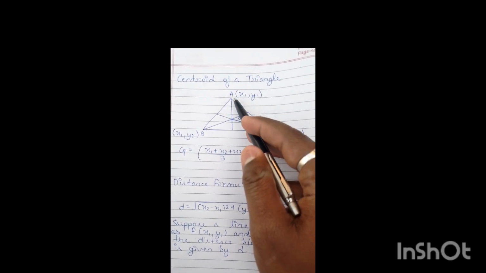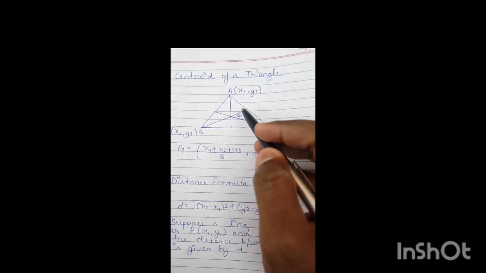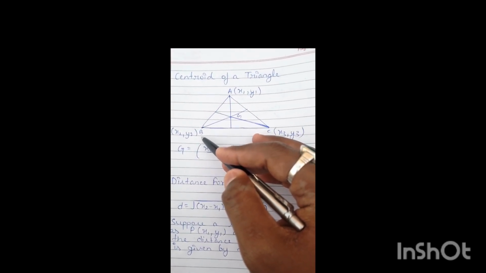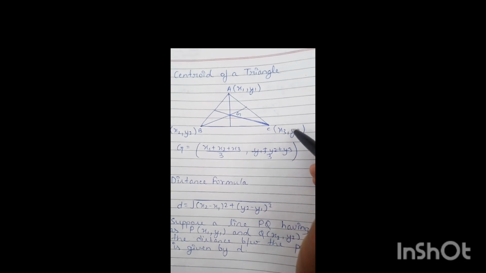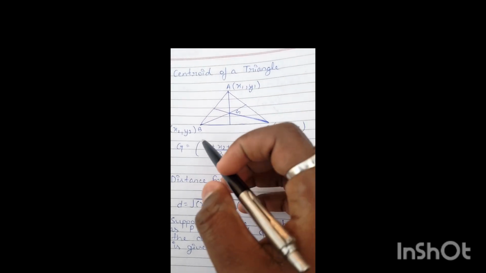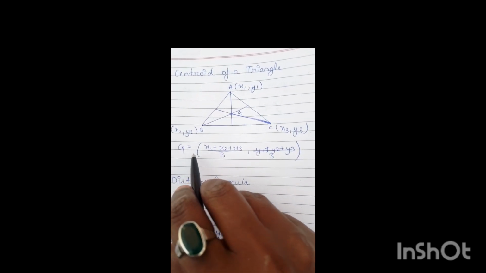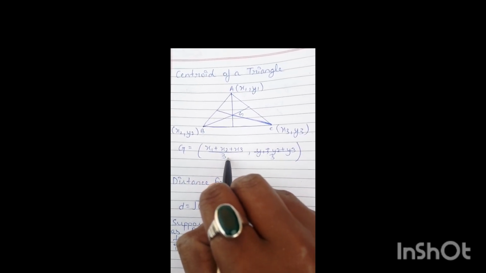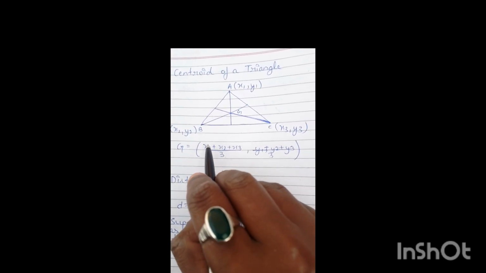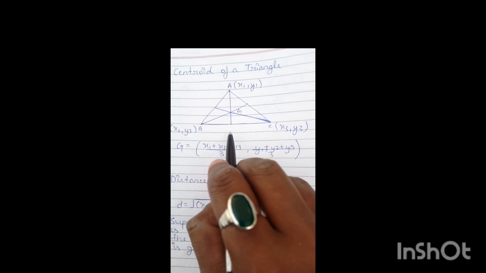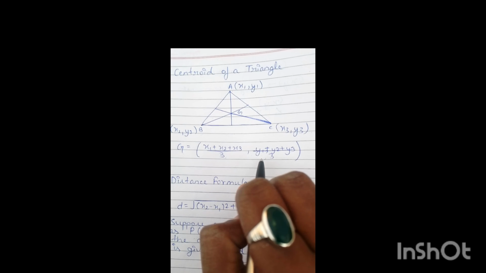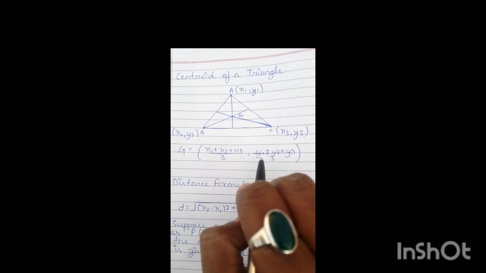Let us consider points A, B and C. x1, y1 are the coordinates of A, x2, y2 of B, and x3, y3 of C. Then G is the centroid, and it can be found as ((x1 + x2 + x3)/3, (y1 + y2 + y3)/3), where the first gives the x coordinate of the centroid and the second gives the y coordinate.